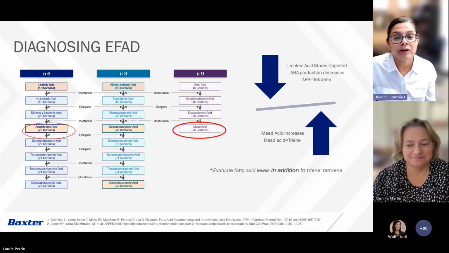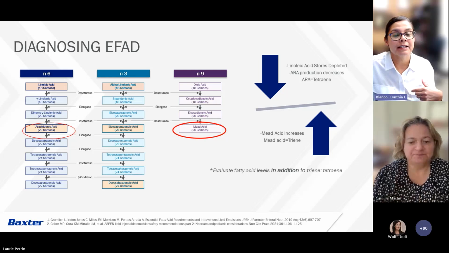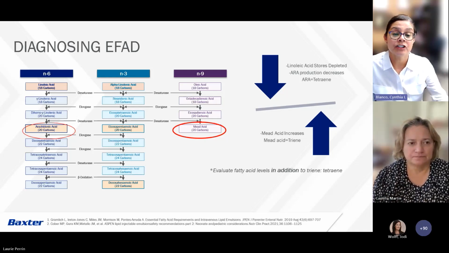And now we're learning, and what I think the future will bring, is additional studies doing these measurements. All of us should be making these measurements when we're doing prospective randomized controlled trials.